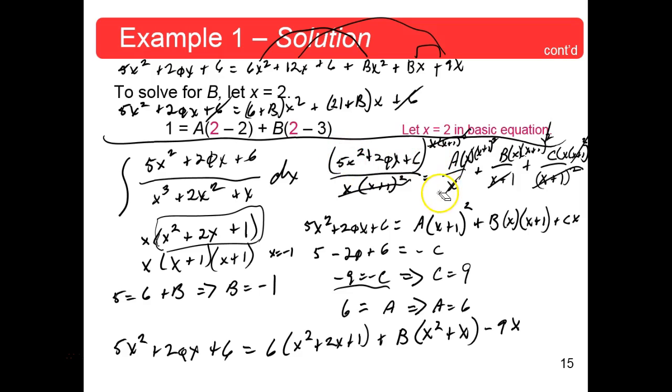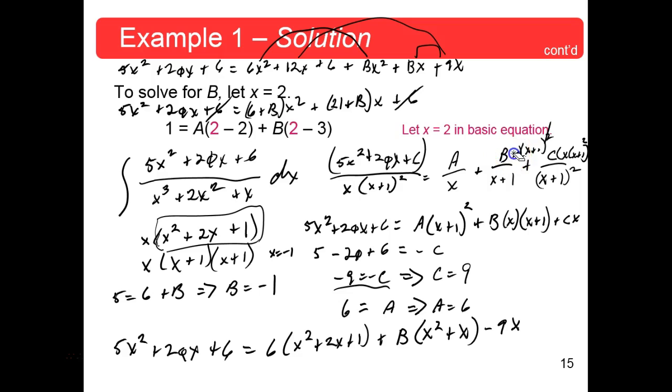But let me erase this, and that, and that, and that, and this. Oh, I erased too much there. Okay. That, and that. Oh, I don't need this anymore, or that anymore, or this anymore.